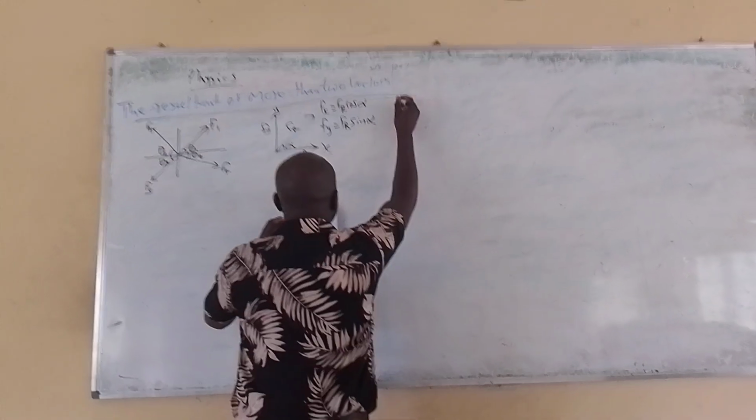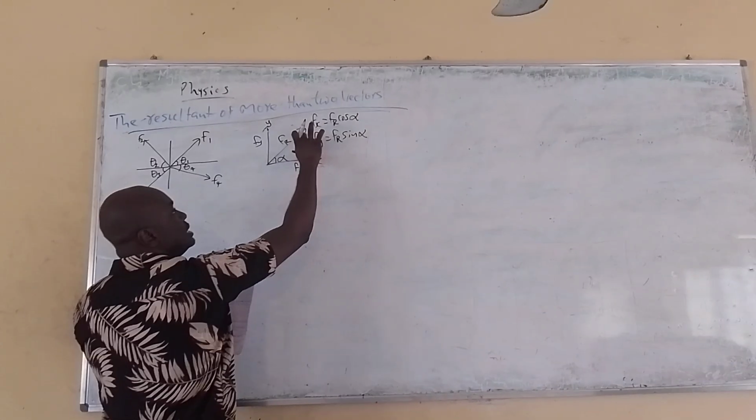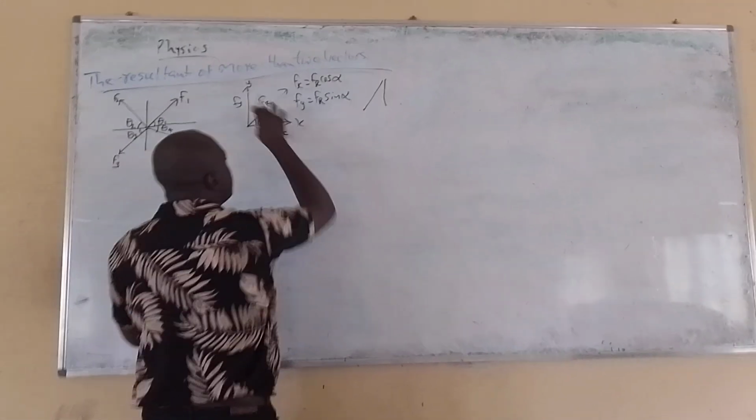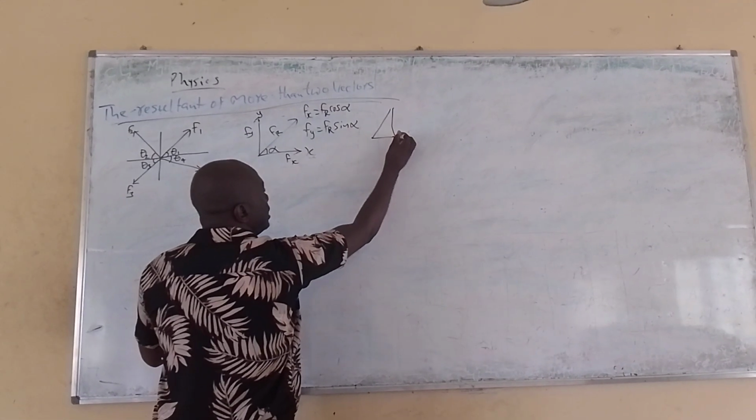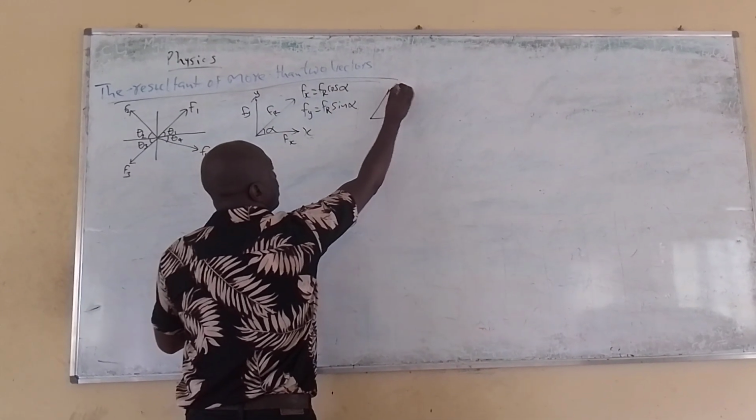You remember what I told you last time, that after that you can take this one here and put it here to make an angle that looks like this. When you put it here, this one coming this way will now have this way.